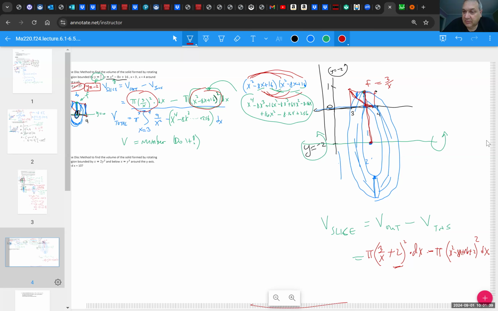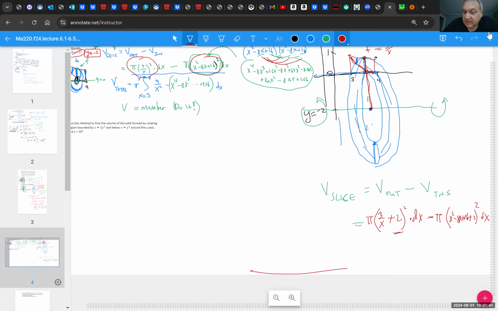And to find the volume of the whole thing, we just need to integrate. So the whole thing here is, if you can slice up the region, find the volume of that slice, and then integrate, we get the volume of the whole thing. So the volume of the whole thing, excuse me, is going to be, we'll put the pi on the outside.